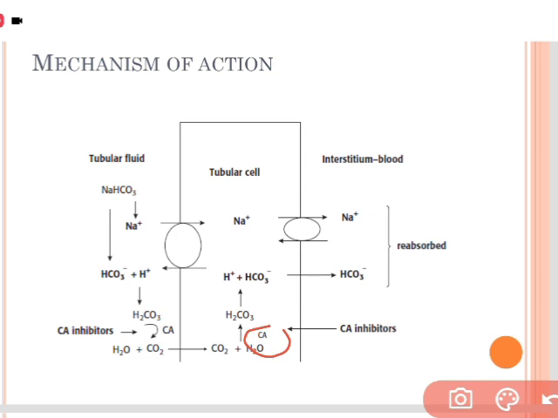So it will prevent the formation of H+, and that's why there will be no exchange of sodium and hydrogen with the help of the sodium hydrogen antiporter, so that sodium will get excreted along with the bicarbonate ion.